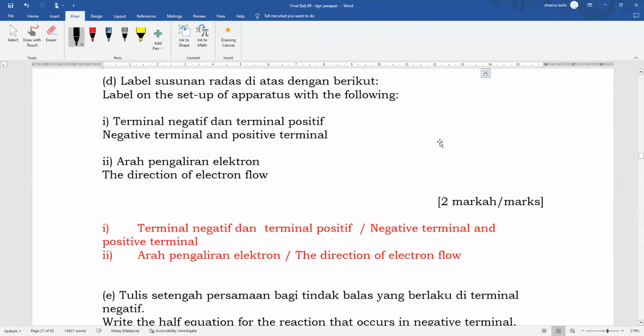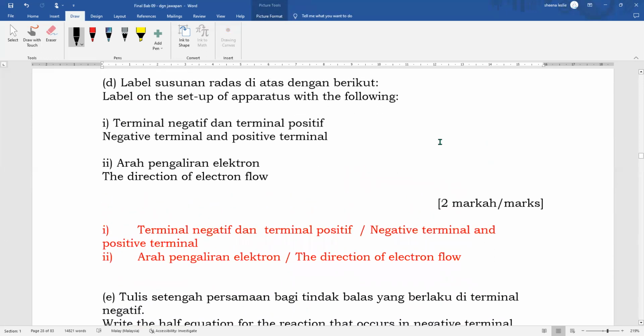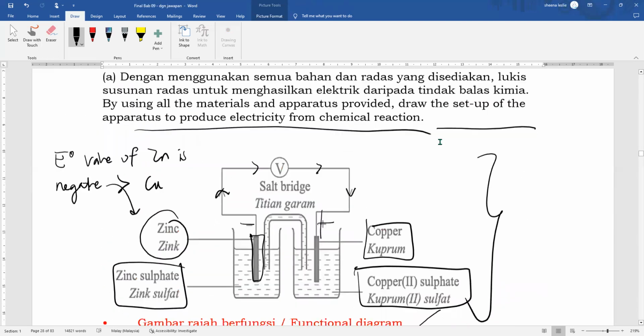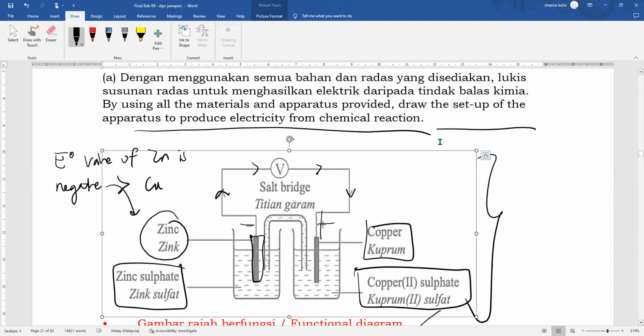Next question. What is my half equation for the reaction happening at zinc? Zn arrow Zn2+ plus 2e minus.